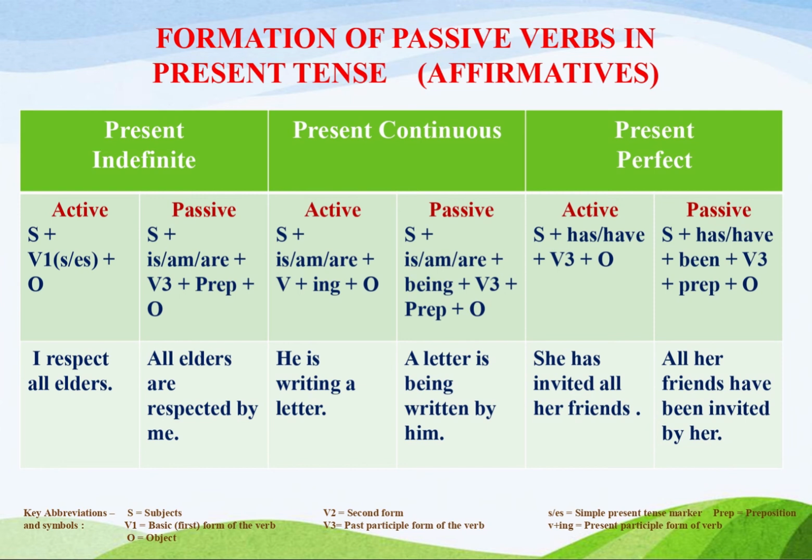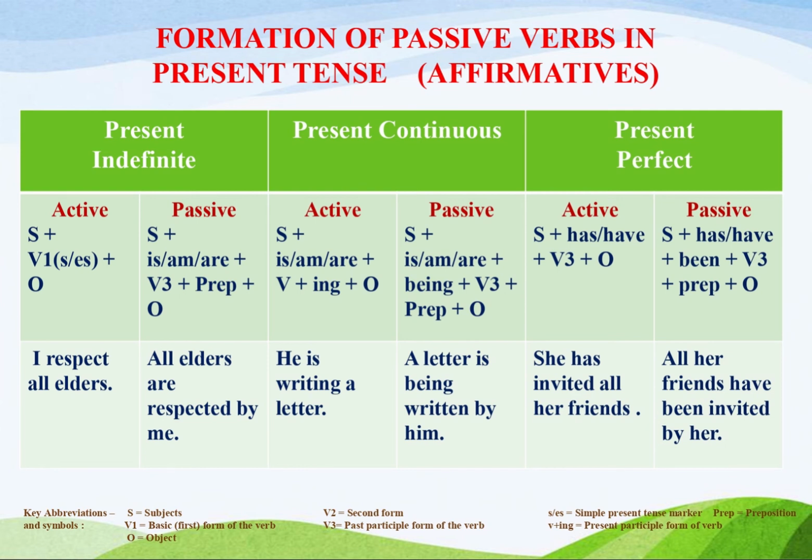Now, the example is, she has invited all friends. This active form will be changed into all her friends because the subject is all her friends. All her friends have been invited by her.